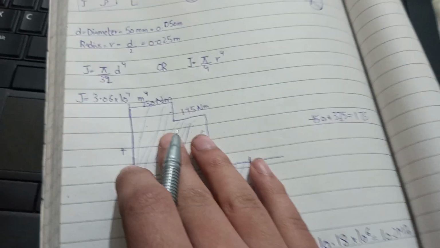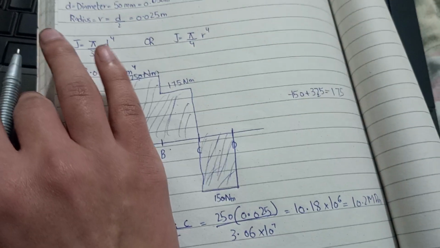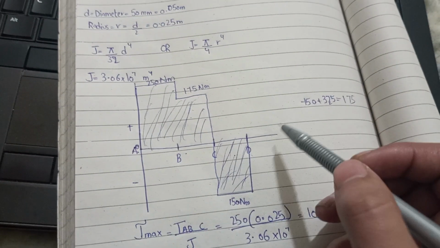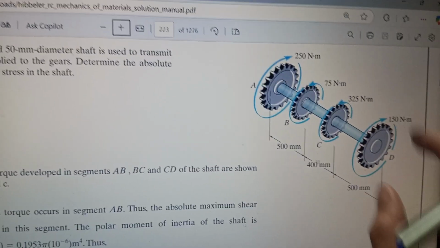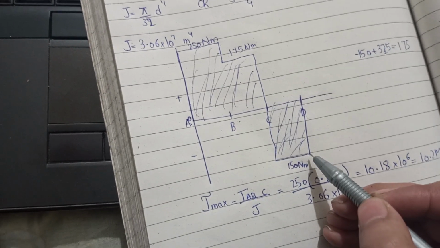This is the main thing, the torque diagram. Please see it carefully. I will tell you again. First of all, this is clockwise. According to our assumption, or the author's, clockwise is negative, so we take it down 150.